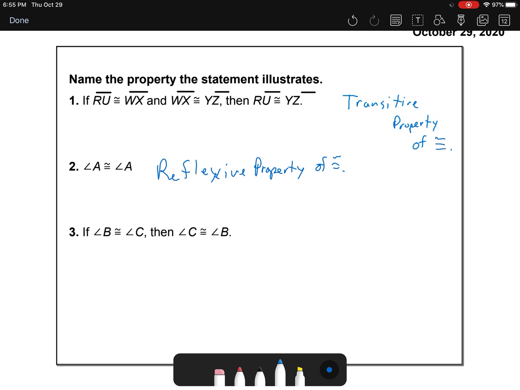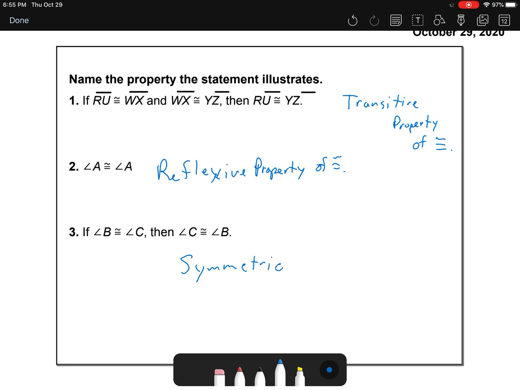And then finally, number 3: if angle B is congruent to angle C, then angle C is congruent to angle B. So when you have a line of this, then it's the same on the left and the right, or above and below, and so on. That would be that other property that you're thinking of.